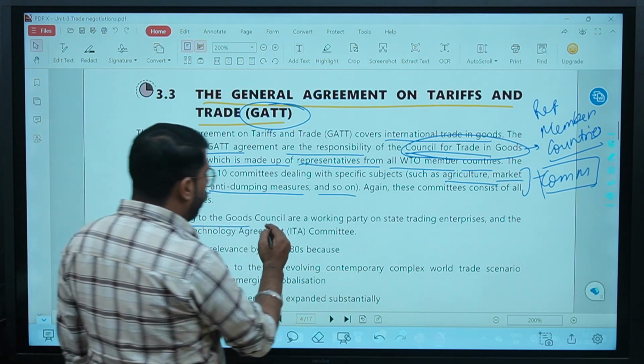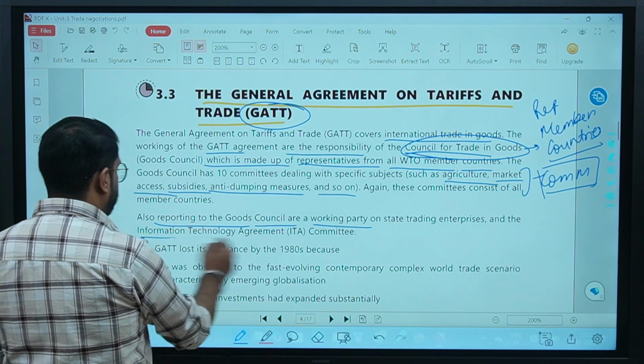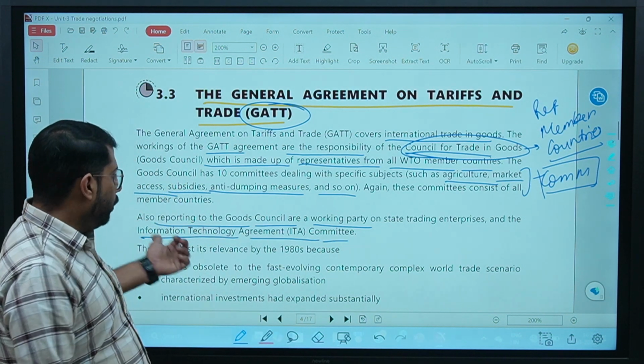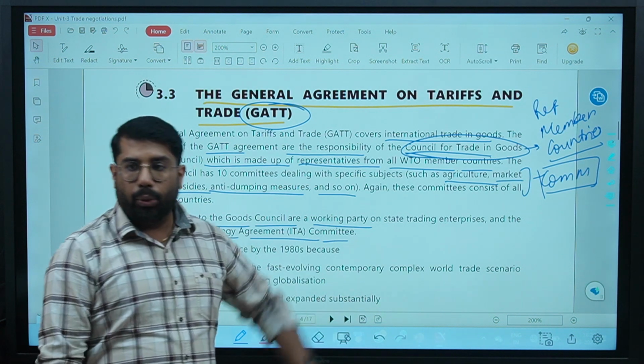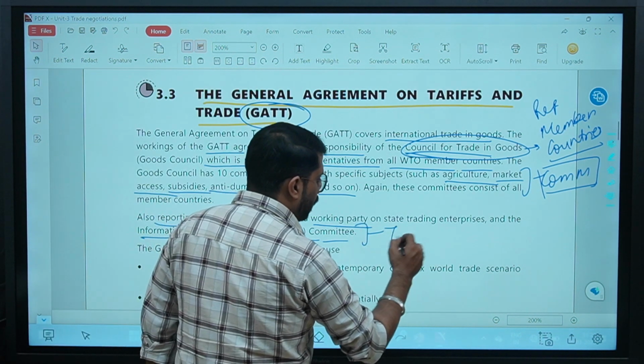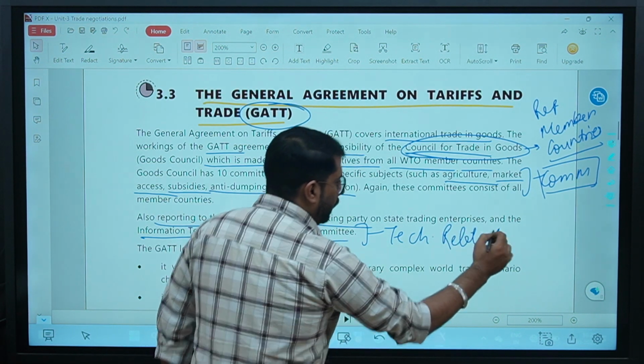Also, reporting to the Goods Council are a working party on state trading enterprises and the Information Technology Agreement Committee. So there was an ITA also, that is the Information Technology Agreement Committee, which used to follow all the technology related work.